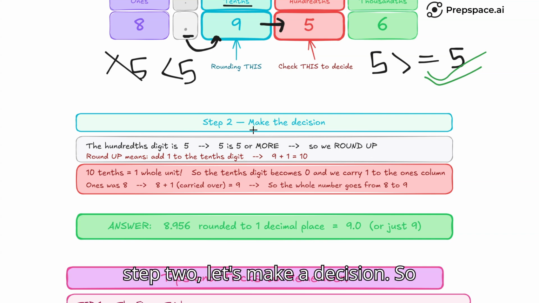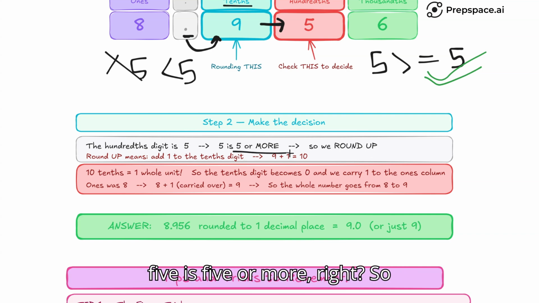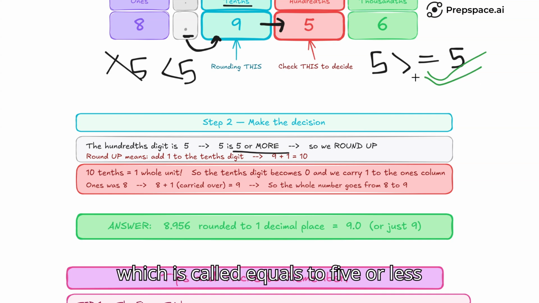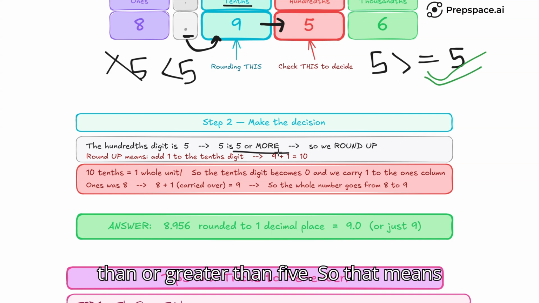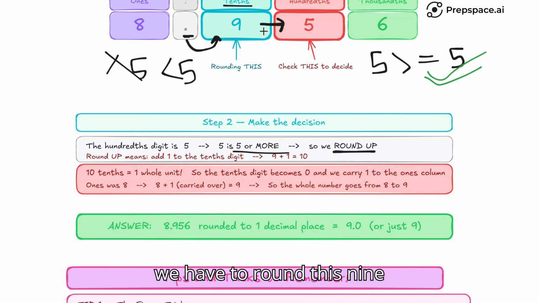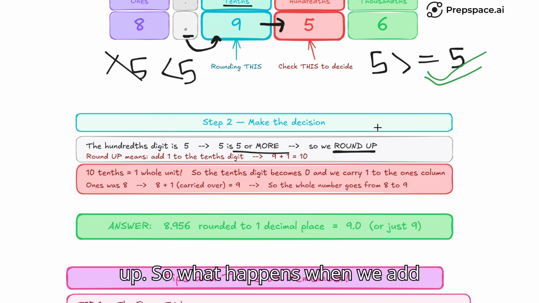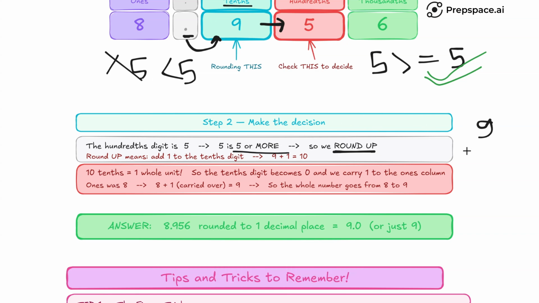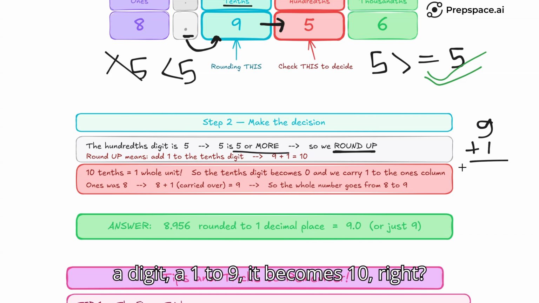So step 2, let's make a decision. So 5 is 5 or more, right? That means we have to round this 9 up. So what happens when we add 1 to 9?